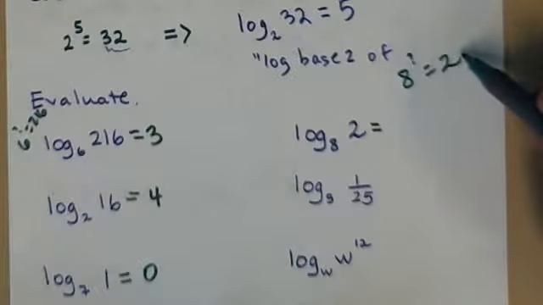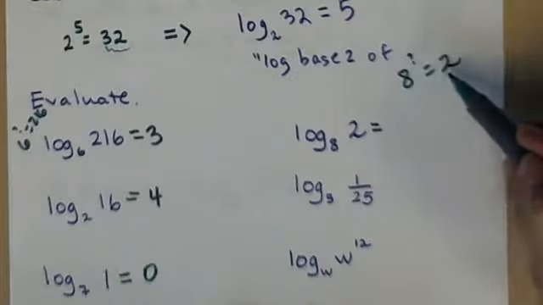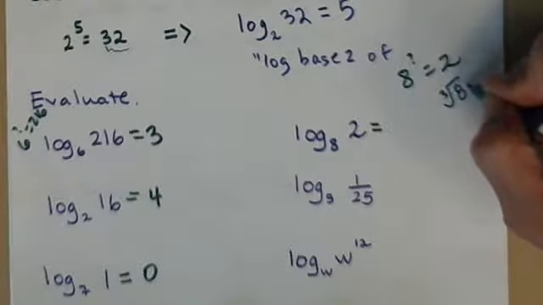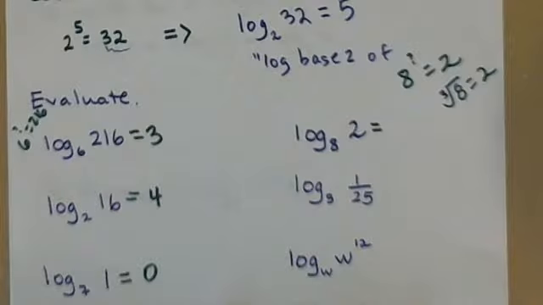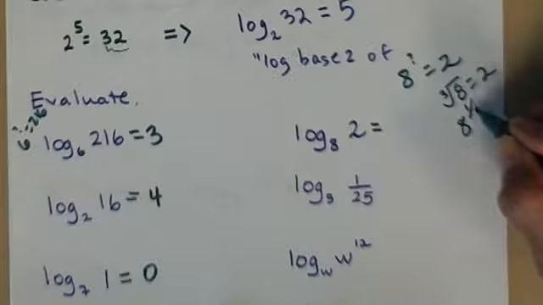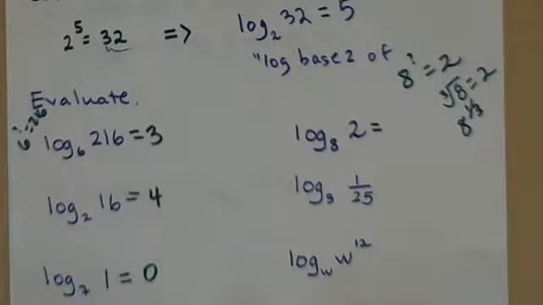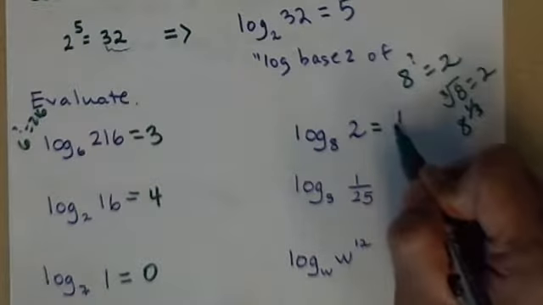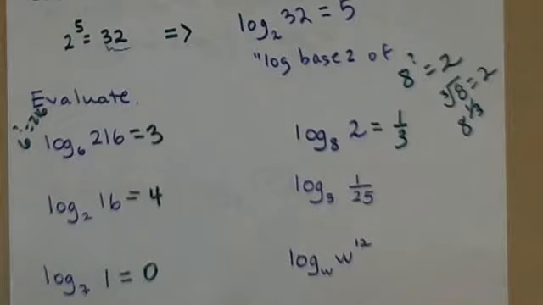But you're thinking, yeah, but 2 cubed is 8, so that means it's an inverse idea. So it's the cube root of 8. That's 2. And then if we write cube root as an exponent, remember that's a fractional exponent, so 8 to the 1/3 gives me 2. So that power is my answer, 1/3. 8 to the 1/3 is 2.